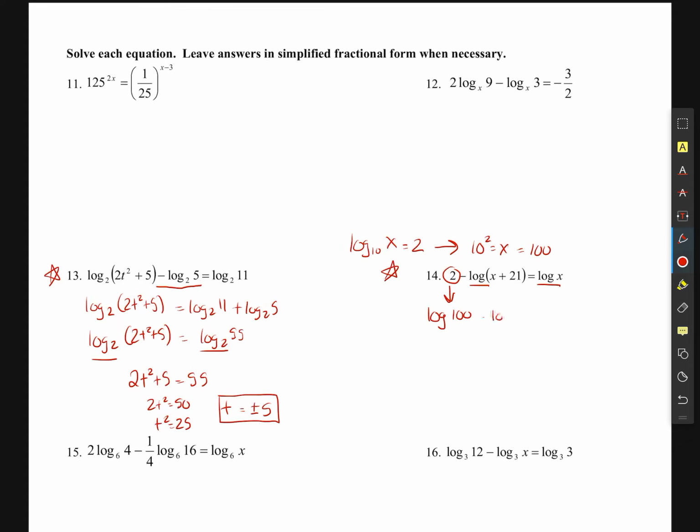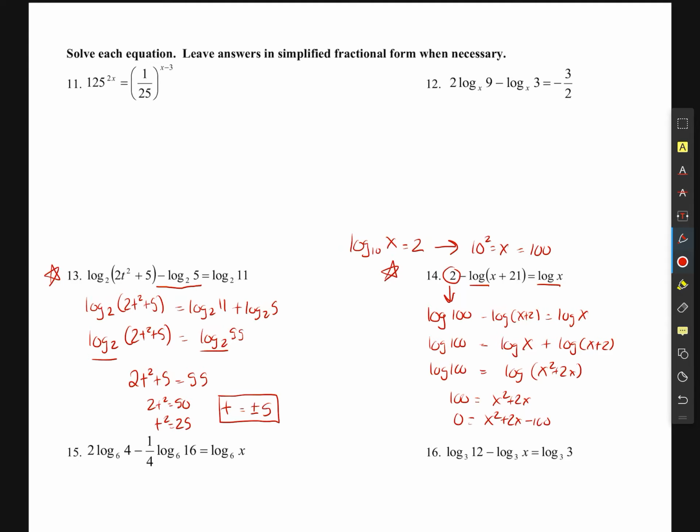So I could write this as log 100 minus log of x plus 21 equals log x. I don't like working with the subtraction, so I'm moving it away. Log 100 equals log x plus log of x plus 21, so log 100 equals log of x squared plus 21x, which means 100 equals x squared plus 21x. 0 equals x squared plus 21x minus 100.